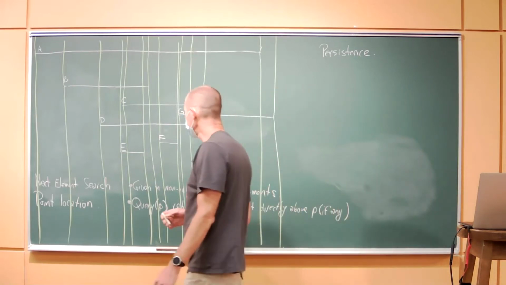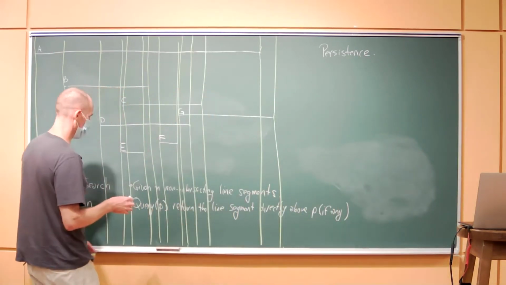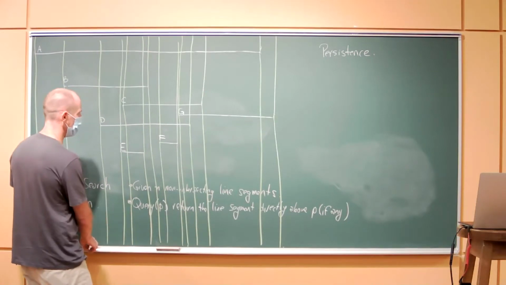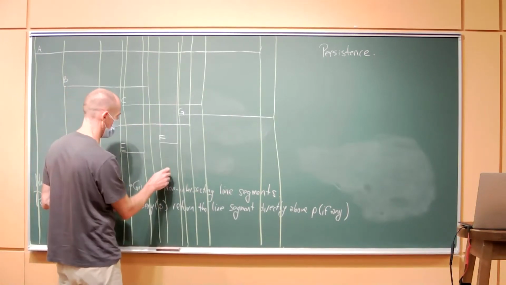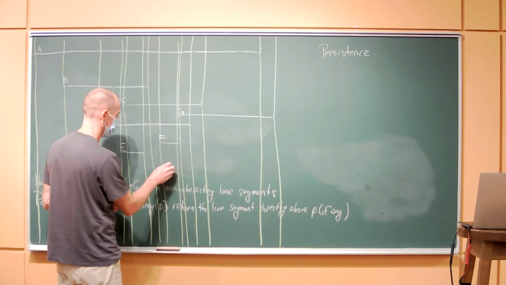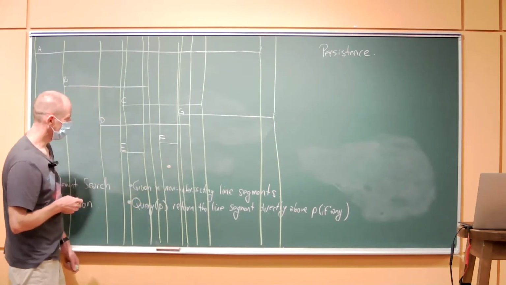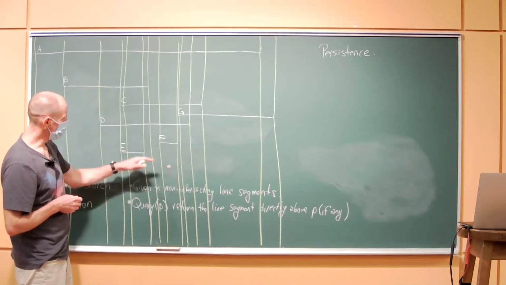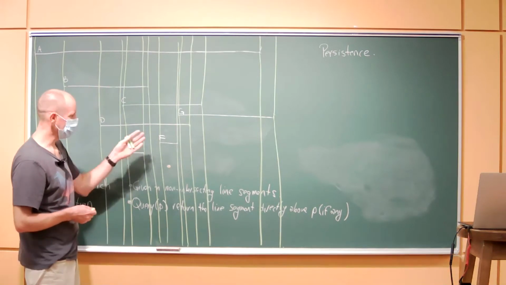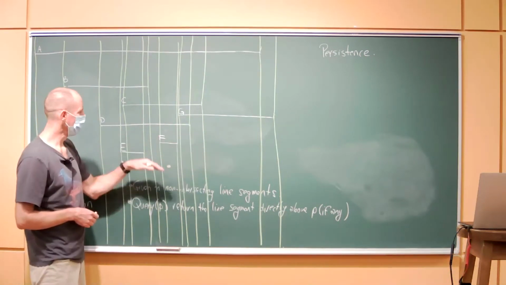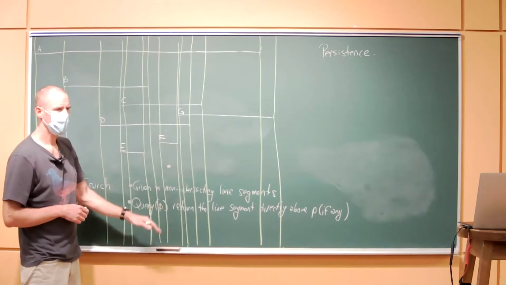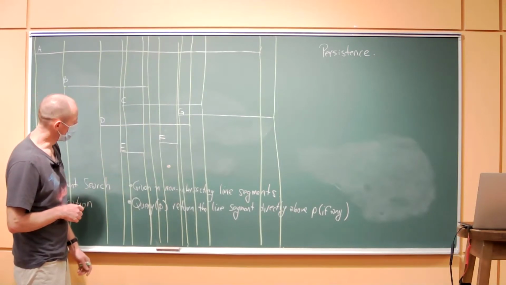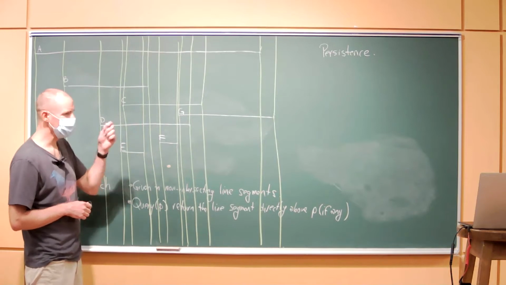And then if I look at a strip, what's the next element search problem once I've figured out which strip I'm in? Well, every segment either doesn't touch the strip at all, or it completely crosses it. So really, it doesn't matter that these are segments anymore.